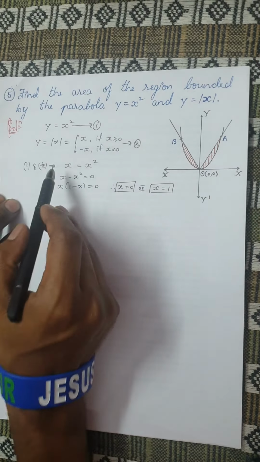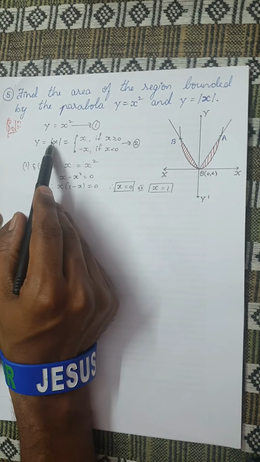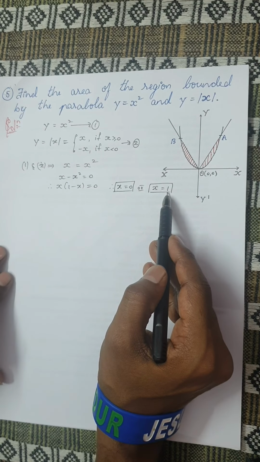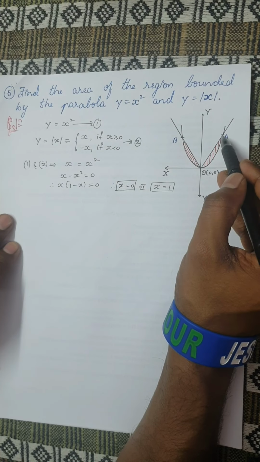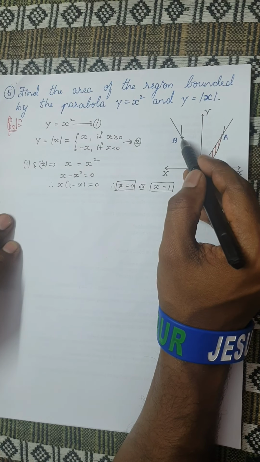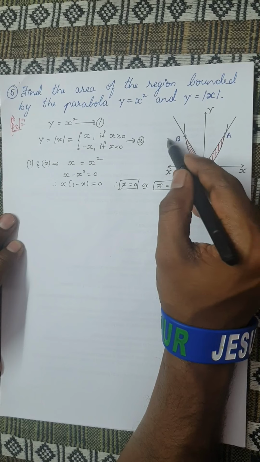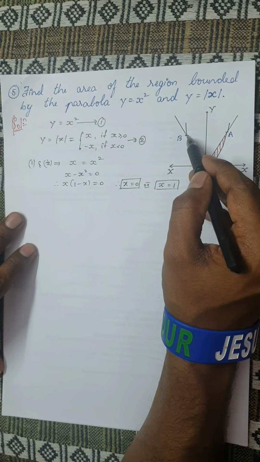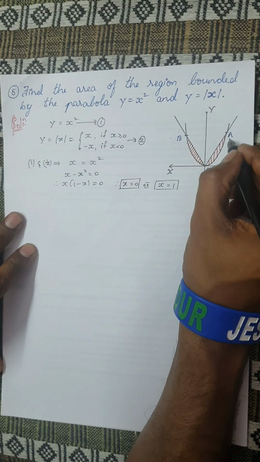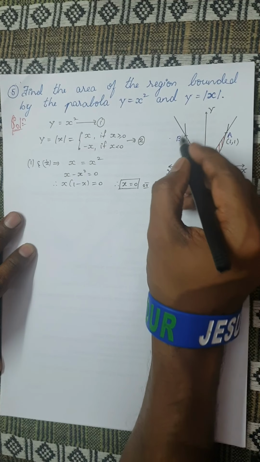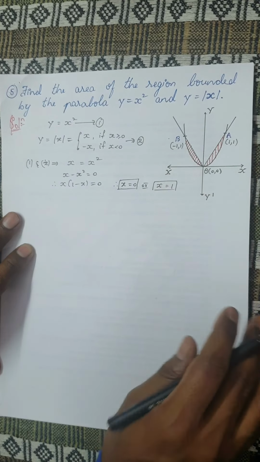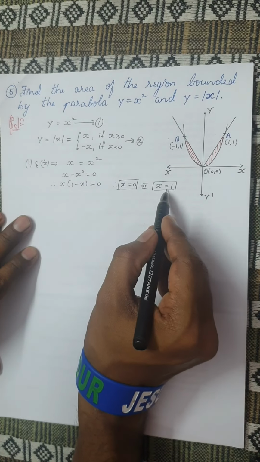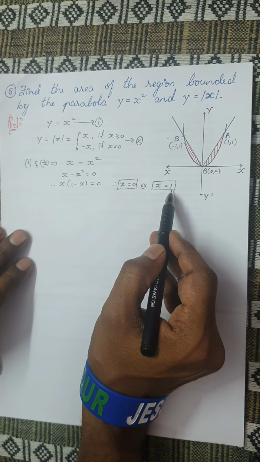Similarly, in the other case, if I put y is equal to minus x, I get x is equal to minus 1. Is it clear? This point in the first quadrant would be 1, 1, and this point in the second quadrant would be minus 1, 1, because in the second case x will be minus 1.